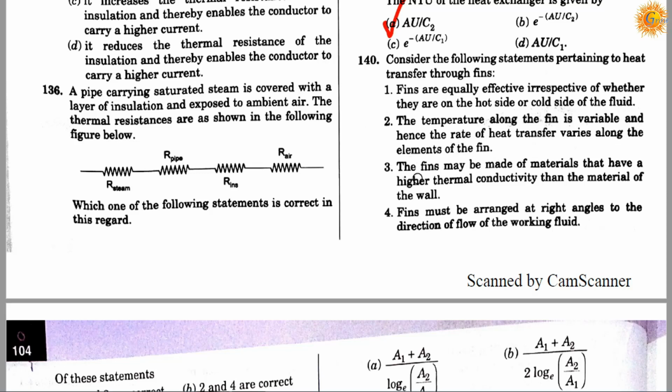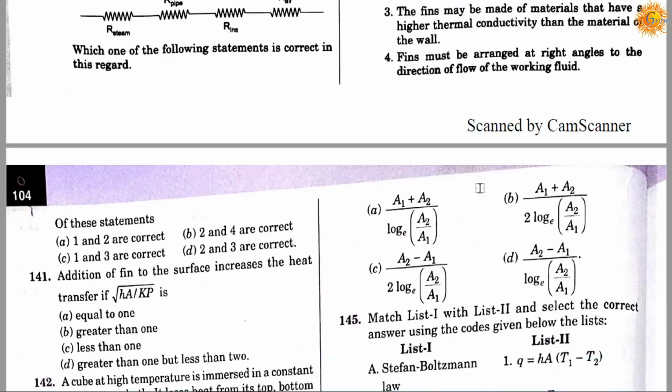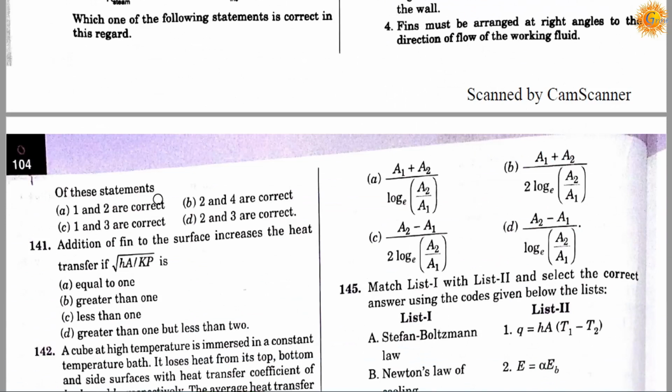Third statement: the fins may be made of material that has a higher thermal conductivity than the material of the wall. And fourth statement: fins must be arranged at a right angle to the direction of flow of the working fluid. Of these statements, the correct answer is B.